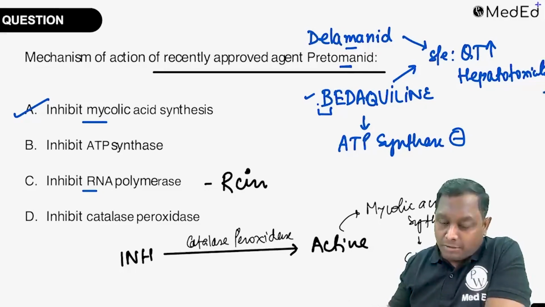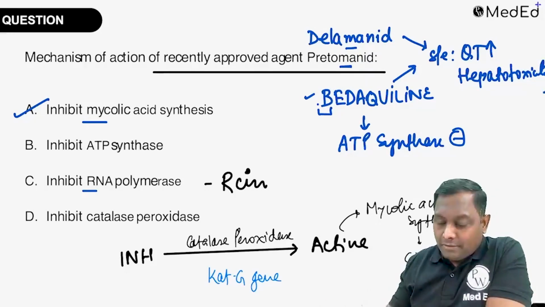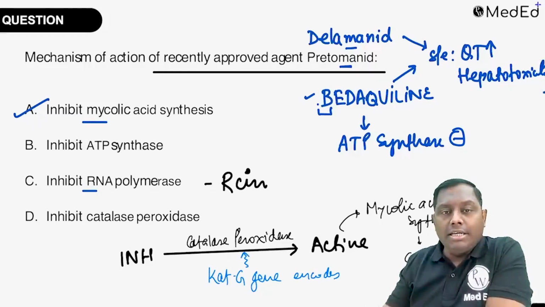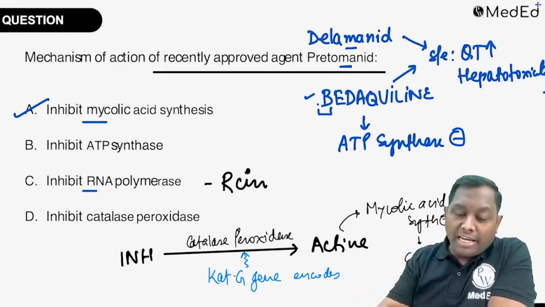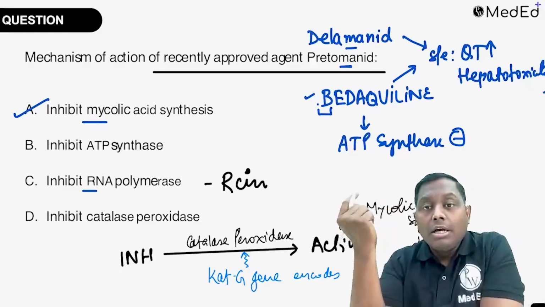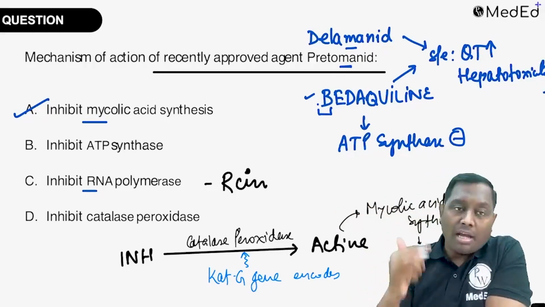This catalase peroxidase is encoded by the katG gene. Which gene? The katG gene encodes your catalase peroxidase. So catalase peroxidase is essential for the action of which antitubercular drug? Isoniazid.